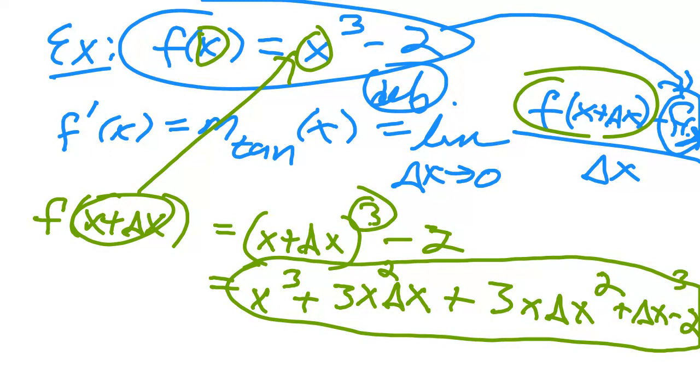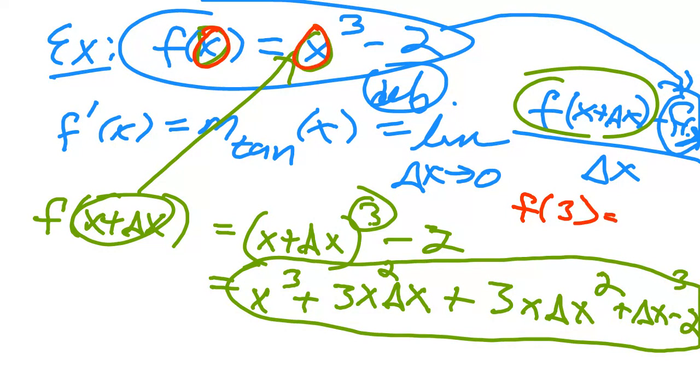Gotcha. Okay. So that's one of the things to remember: when you are doing that first term, you just substitute x plus delta x into the x, the whole thing. Yes. Yep. For example, if I said, hey, what's f of 3? Well, you plug a 3 in everywhere you see an x.